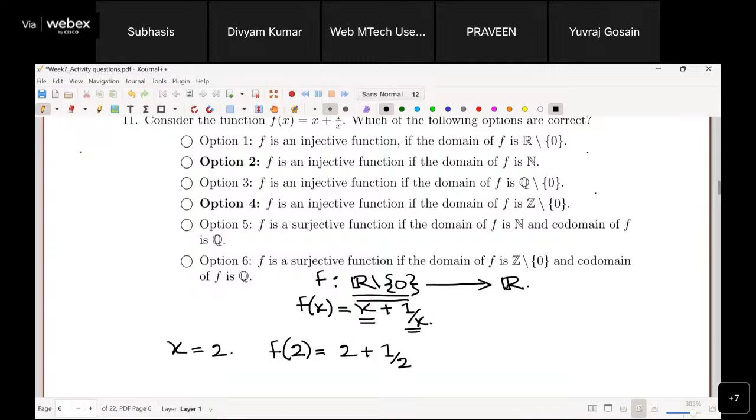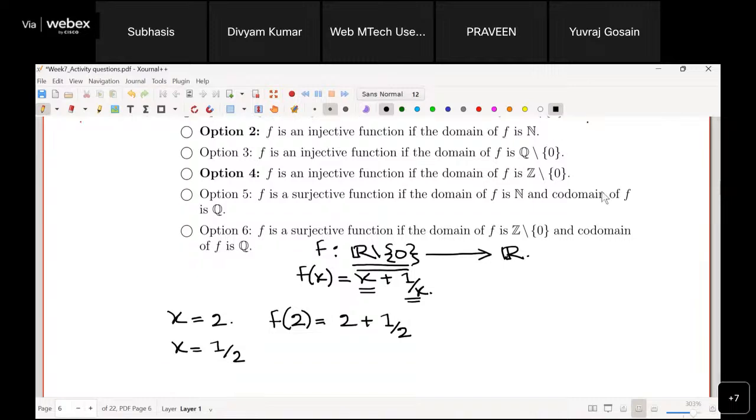And similarly, if I take x to be 1 by 2, then my f of 1 by 2 is 1 by 2 plus 1 upon 1 by 2, and this is nothing but half plus 2, right?